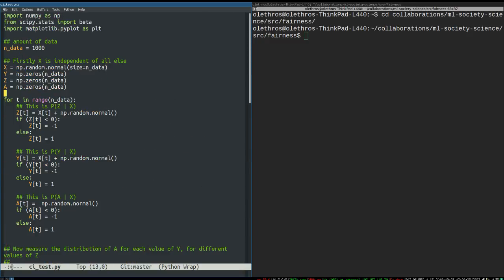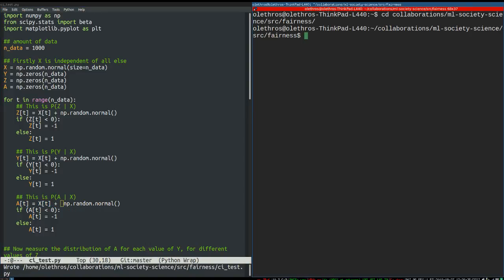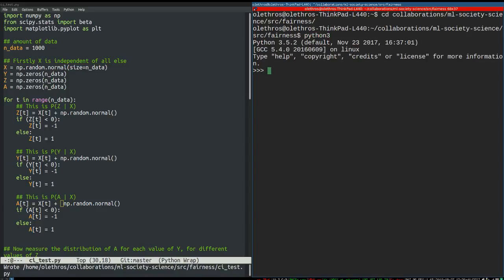In this particular case, z depends on x, y depends on x, and let's say a also depends on x, right?